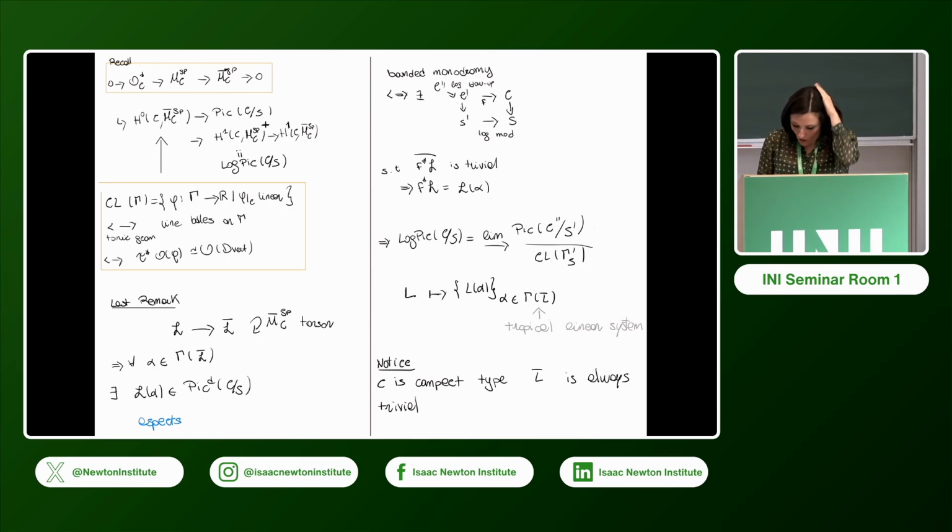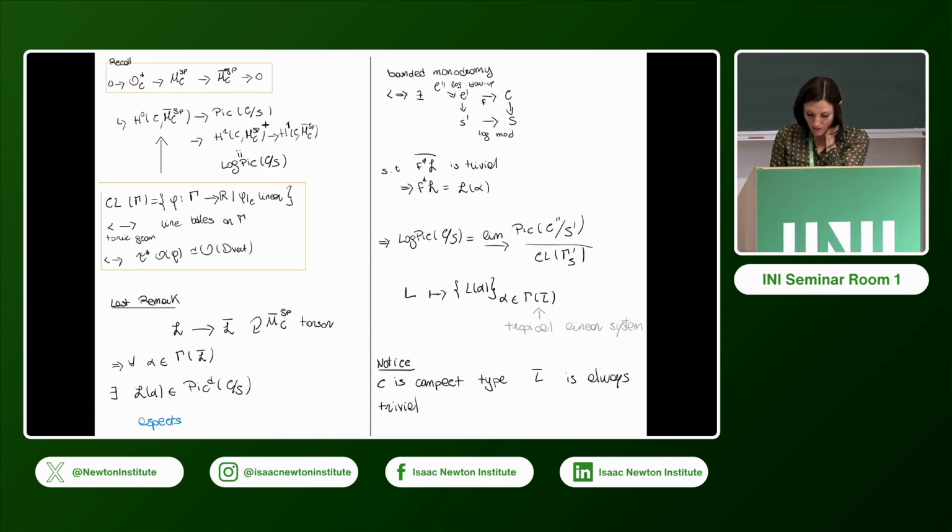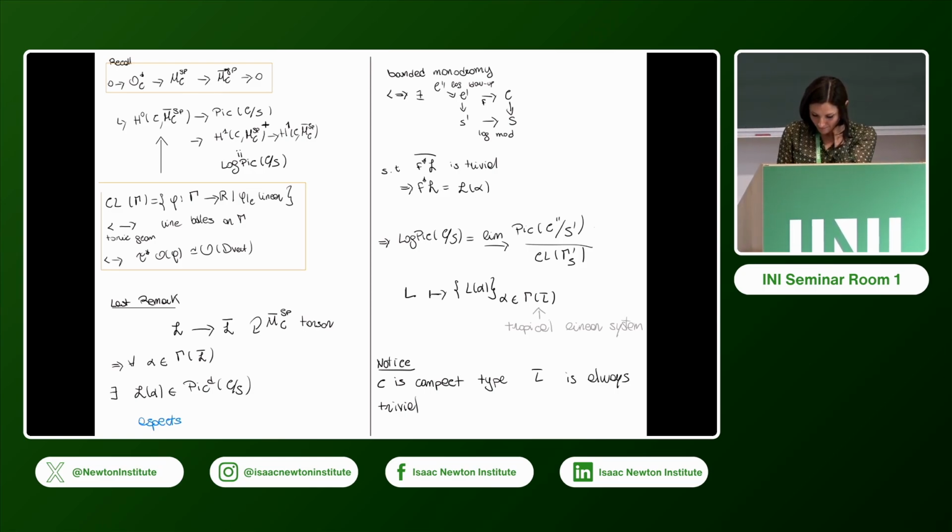So I was saying, if you unravel what it means to give a section of this characteristic sheaf, you realize that this is really the same as giving a conewise linear function from this tropical curve to the real numbers. It's just a function which is linear on each edge, but possibly with different slopes.